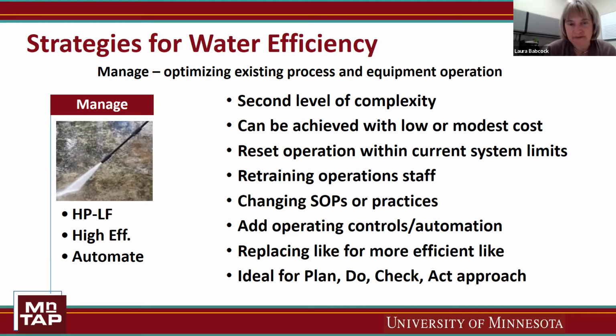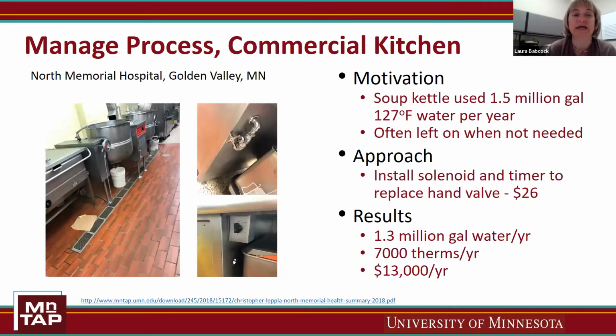Retraining operations staff might be involved, changing SOP practices. So it may not be a piece of equipment, it may just be making sure people are following their SOP practices or improving on them, a continuous improvement opportunity. Adding controls or automation, things that can shut off automatically, or measuring things in a different place. This is replacing like for more efficient like.